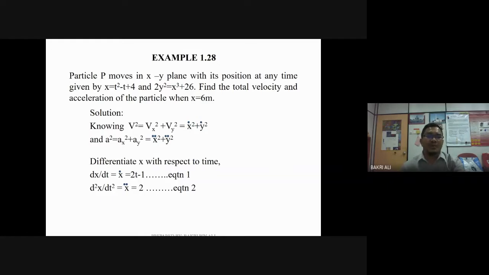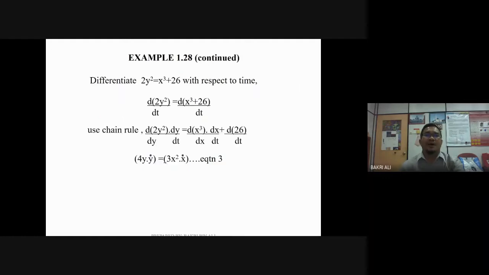The first differentiation of x gives x dot equal to 2t minus 1, and the second differentiation gives x double dot equal to 2. So this is the velocity function in x axis and acceleration function in x. The x function is quite simple because it is directly related to time, but for y we can see it is a bit complicated.